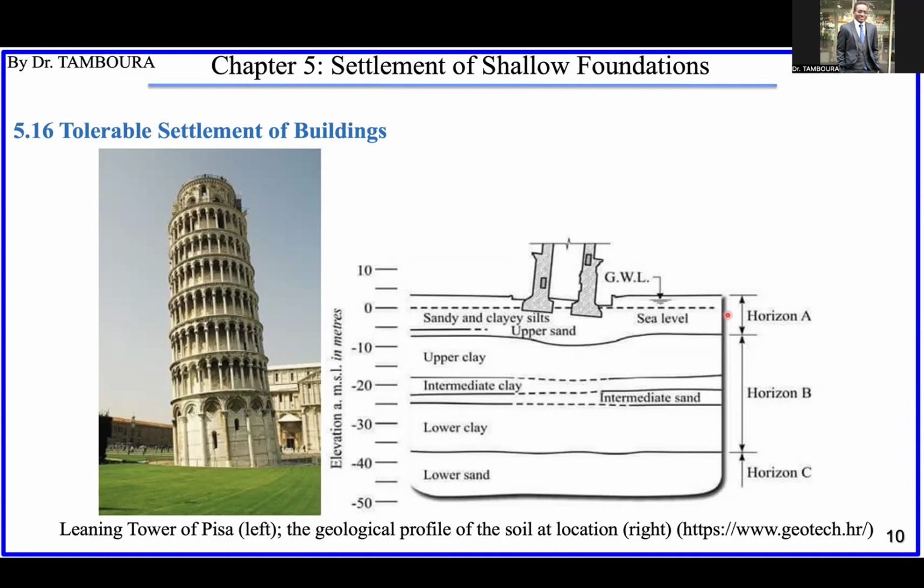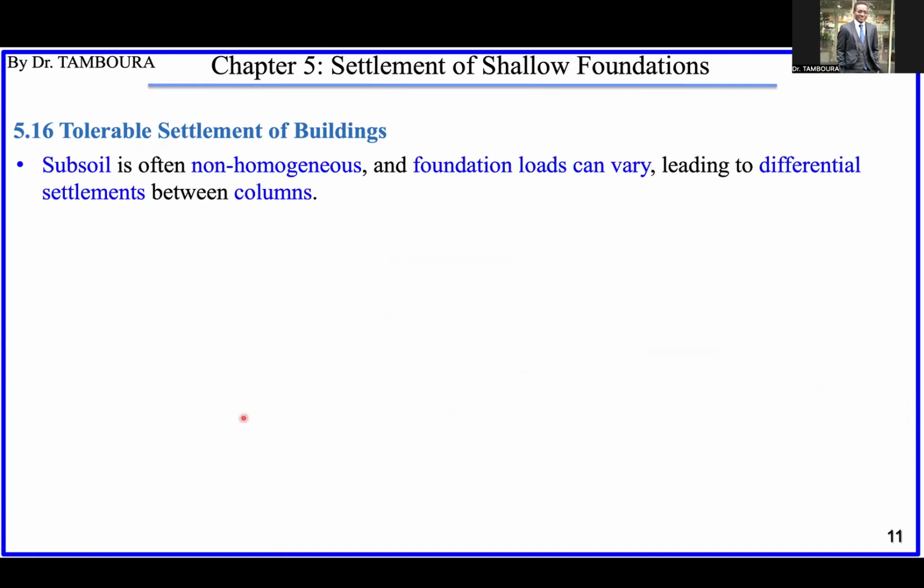The building is leaning, but when you check, there is no severe damage, not much crack on the building, okay, due to settlement. So in research, people study this building, and of course, people check what happened in the underground, why this kind of inclination happened. Okay, this is just to show you example of settlement.